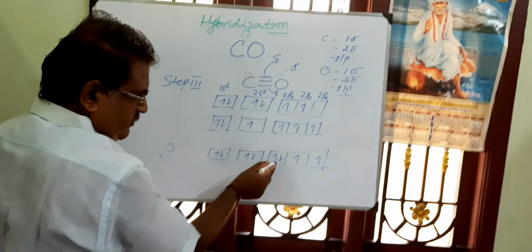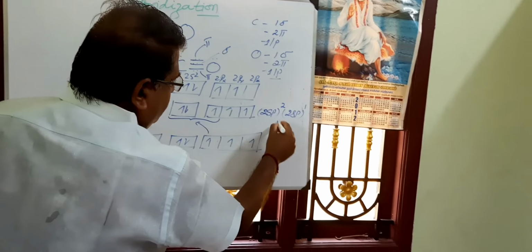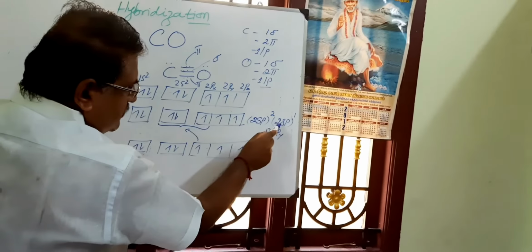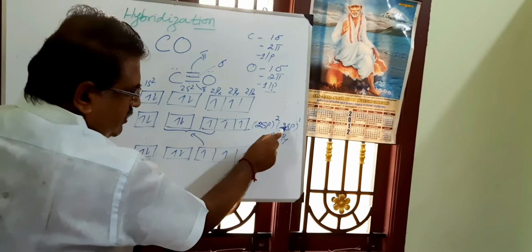Now, to have this bond conformation, the carbon should have sp hybridization. In the sp hybridization, the hybridized orbitals are going to be 2sp with 2 electrons, fully filled, and 2sp with 1 electron, half filled, and we have px and py. So this orbital will make a sigma bond.